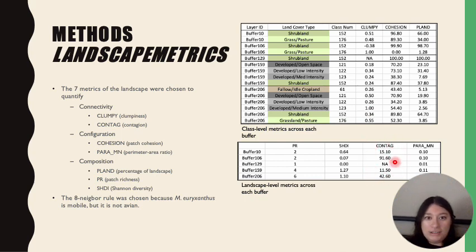For configuration, I used cohesion, a patch cohesion metric, at the class level, and then PARA-MN, which is perimeter area ratio, at the landscape level. For composition, I looked at the percentage of landscape for each class at the class level, and patch richness and Shannon diversity at the landscape level. For all of these, I used the 8 neighbor rule because M. euryxanthus can move, but they're not able to fly and get around too far.